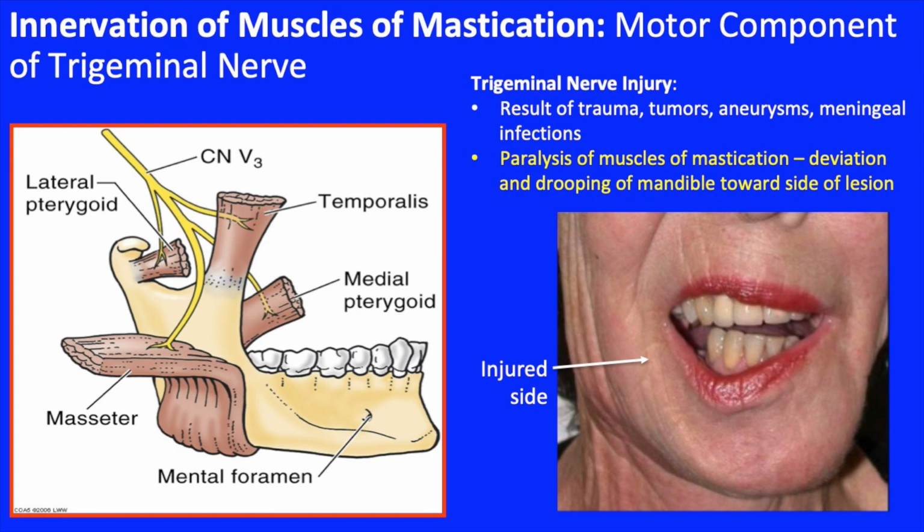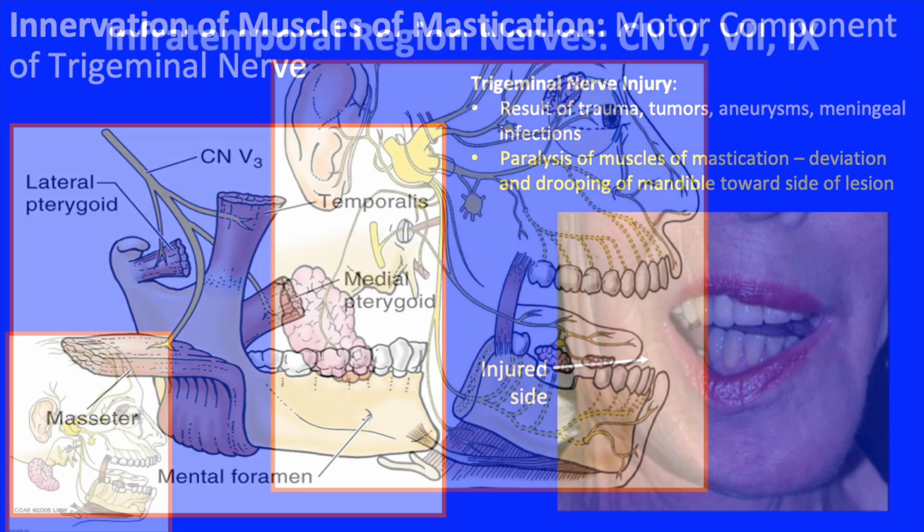The key that something has happened to the nerve is that it will result in paralysis of the muscles, sometimes only one, sometimes all four of them, depending on where the lesion occurs. And the mandible will deviate and droop down to the side of the lesion. The drooping is simply the result of gravity. The masseter and temporalis are unable to close the jaws.